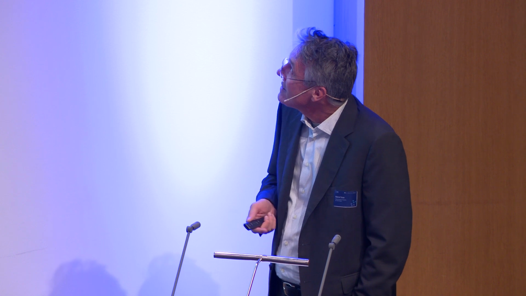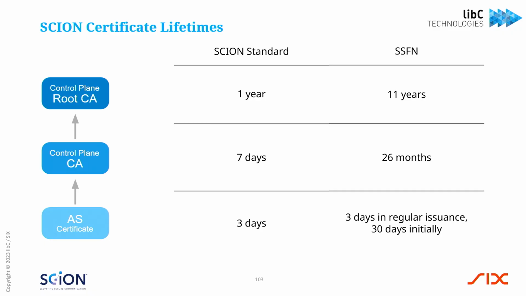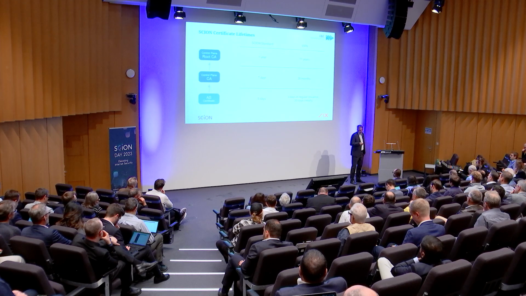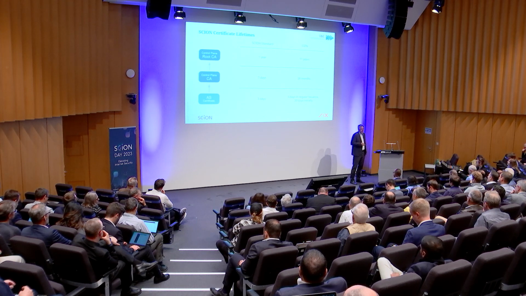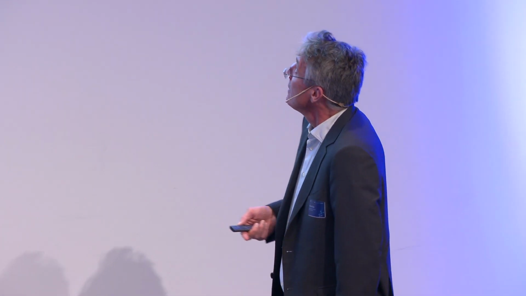Because the keys in the SSFN projects are on HSMs, it was decided that the root would live for 11 years, 26 months for the issuing CA, and then we have the 3 days for the regular issuance. Usually the HSMs for the root, if you do it correctly, are offline machines. So you need some preparation, some organization.